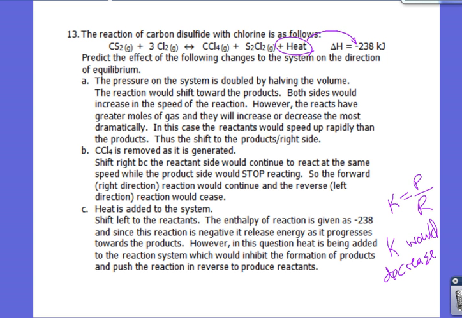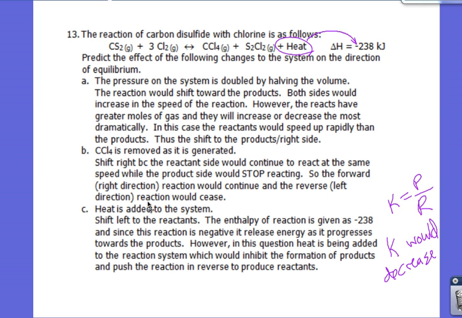13, we have some Le Chatelier's things. I have typed up very specific responses to these. Predict the effect of the following changes. The pressure on the system is doubled by halving the volume. So that's the first scenario. Pressure is doubled, the volume is cut in half. If you change the pressure, you speed up both sides of the reaction. The side that has more moles speeds up more rapidly.